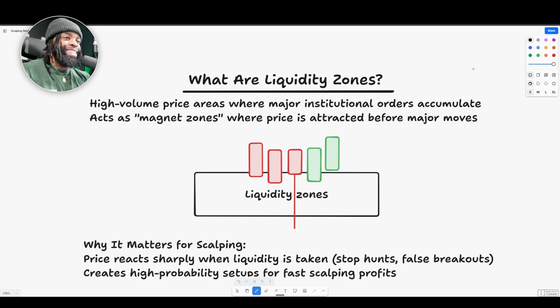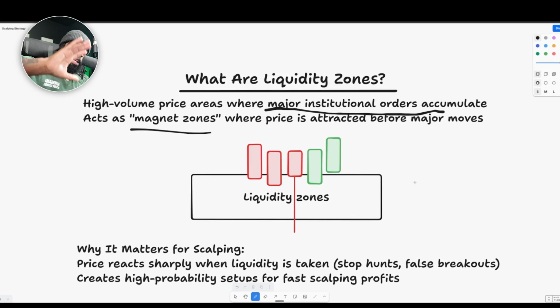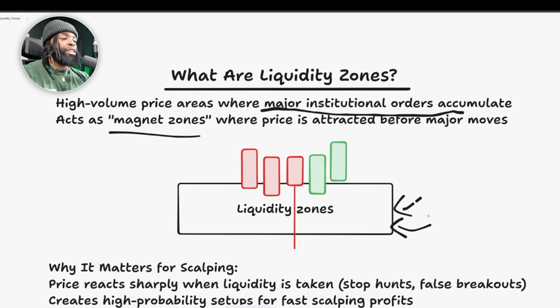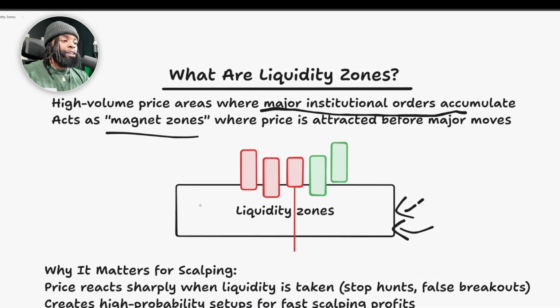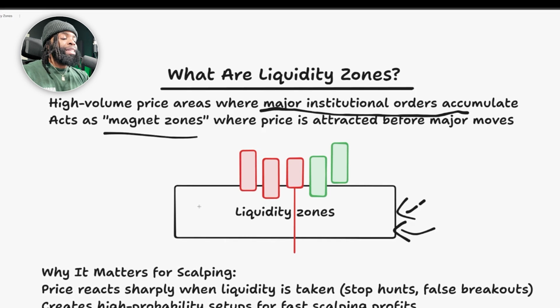What are liquidity zones? It is a major institutional order flow of price that is accumulating, known as a magnet zone, where a lot of retail buyers like us are putting buy positions, sell positions, market executions, all in this same area. The reason being is that we are accustomed to retail analytics, meaning support, resistance, major key levels, major high, major low, swing high, and so forth.